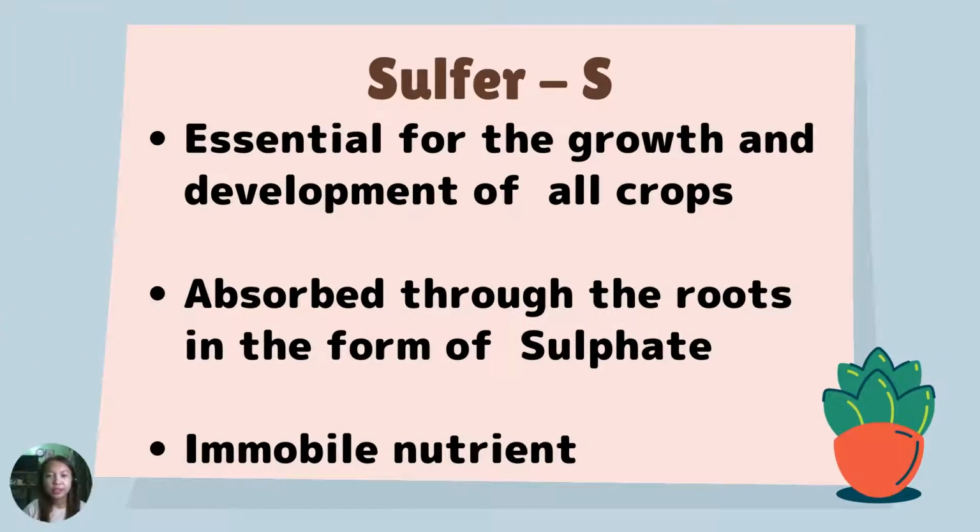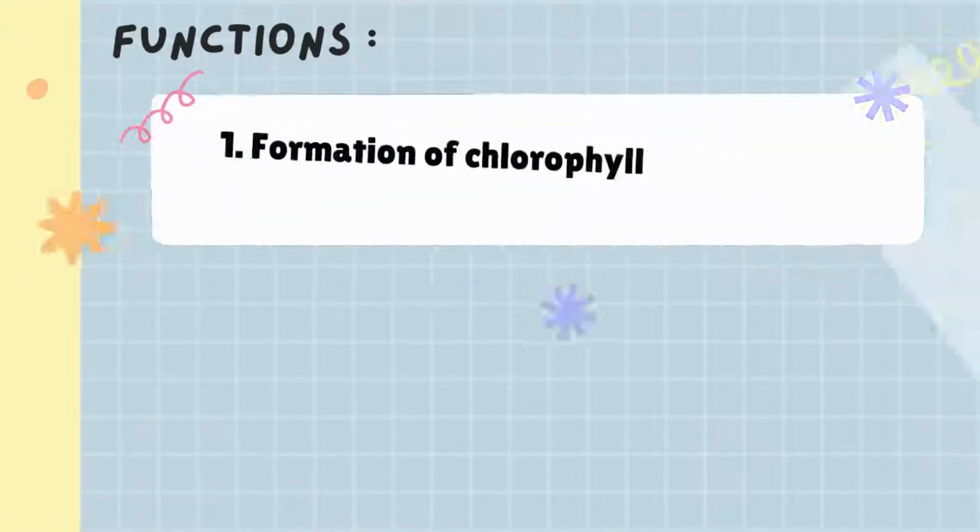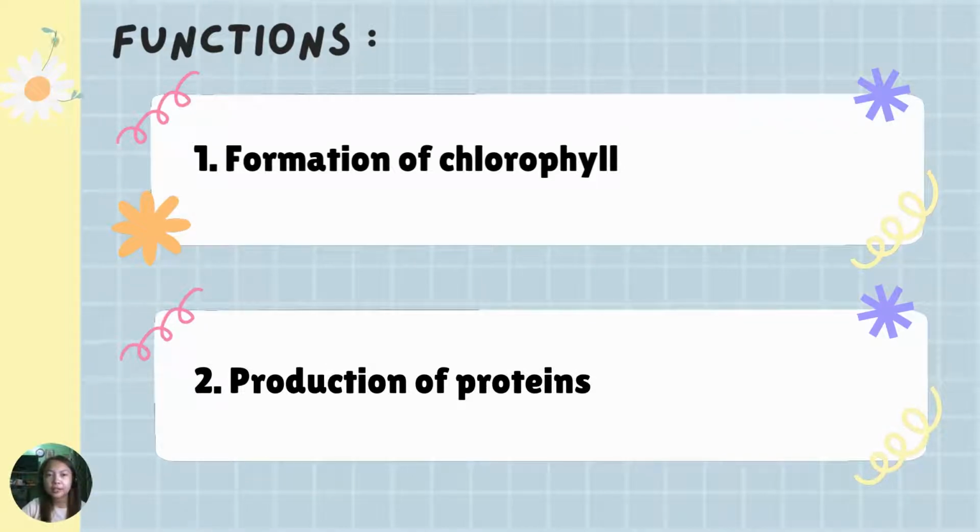Okay, to continue, another element is sulfur. It is essential for the growth and development of all crops. It is absorbed through the roots in the form of sulfate and is an immobile nutrient, meaning the molecules present in plants do not move freely within the plant. The function is the formation of chlorophyll, same as with magnesium, and the production of protein.